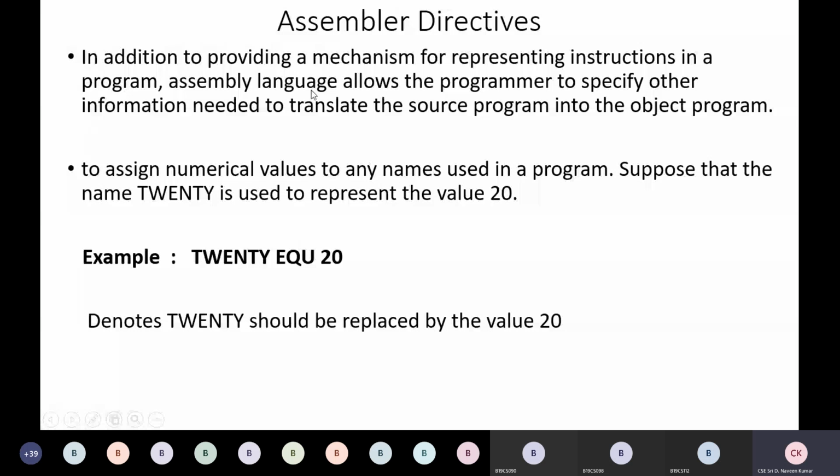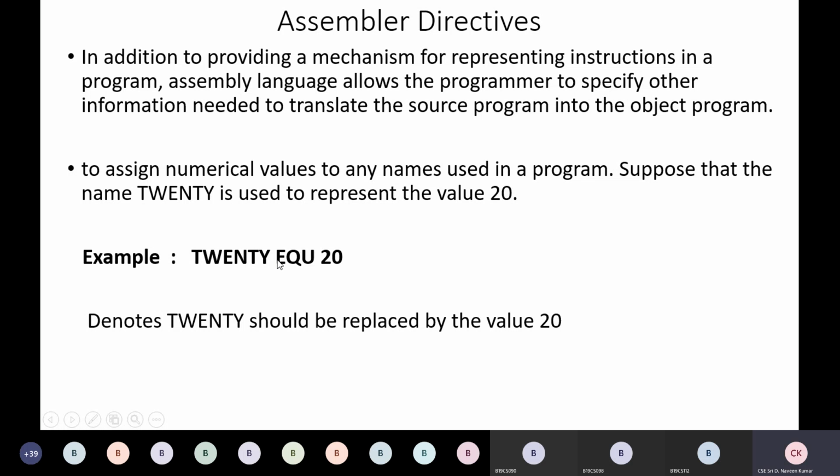Okay, the same directives exist here also, assembly directives also. In assembly directives we write it like this: EQU is a keyword we use, equal to 20. So wherever you use the name, there the string will be replaced by this value of 20.